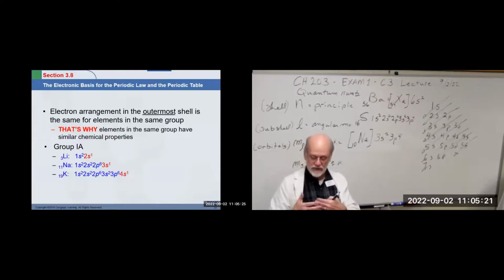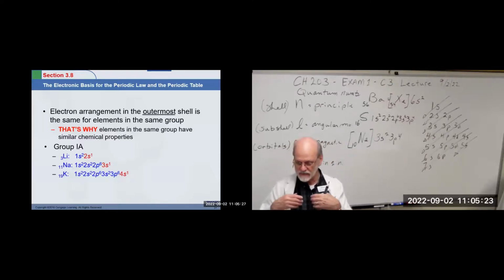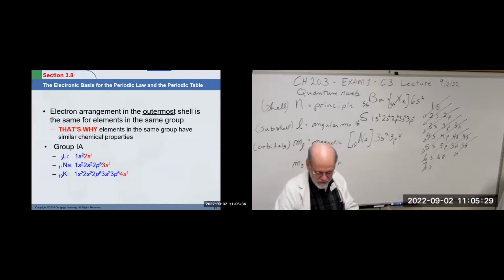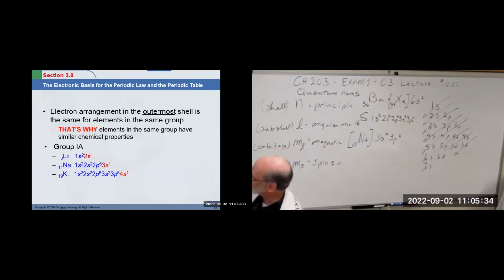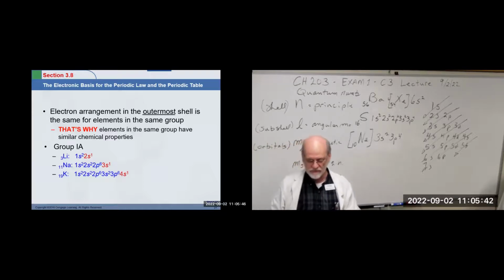And the outermost shell is the one that determines the chemistry. The others, all those electrons underneath, like for lithium would be the 1s, or for sodium, 1s, 2s, 2p, 3s, and 3p, those are known as core electrons.